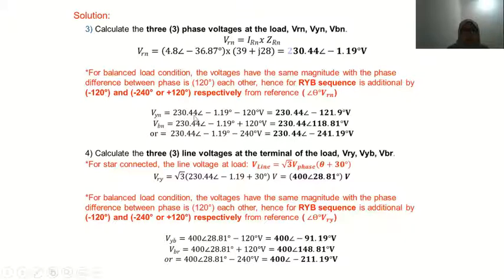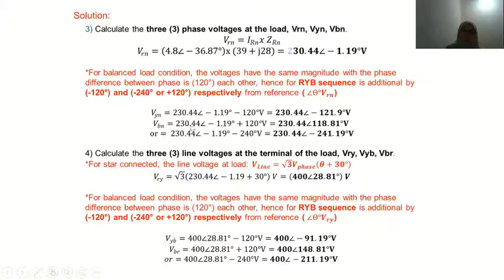VYN is 230.44 with the angle minus 1.19, so you subtract 120 as referred to the VRN angle. You will get 230.44, and the angle is minus 121.19 degrees.